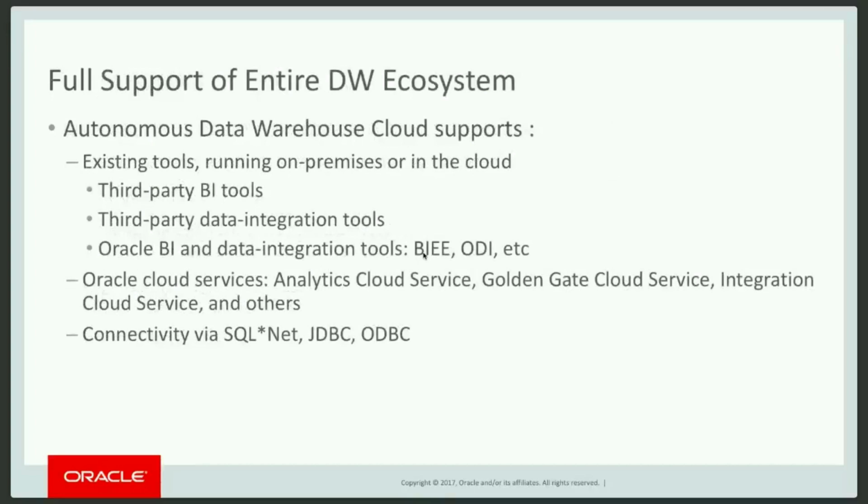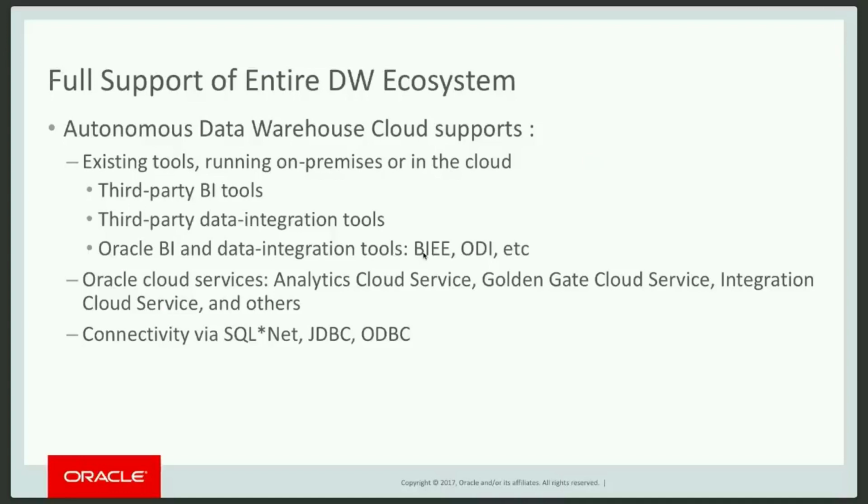Okay, our Autonomous Data Warehouse Cloud is not an isolated thing. In a typical data warehouse environment, you've got lots of additional elements that you want to put into this. So, things like your third-party BI tools, your data integration tools, your ETL tools. You can either run those on-premise or in the cloud, and as long as they use the secure wallet connection style, either directly through a secure wallet or through SQLnet, that service will then be able to talk directly to the Autonomous Data Warehouse Cloud.